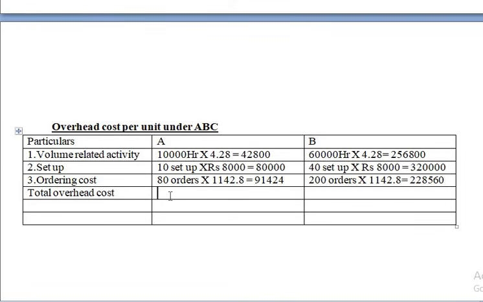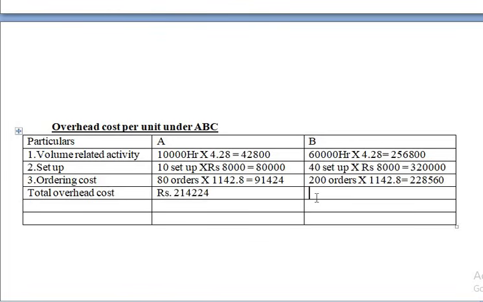Now make total. So 42,800 plus 80,000 plus 91,424. You will get rupees 2,14,224.